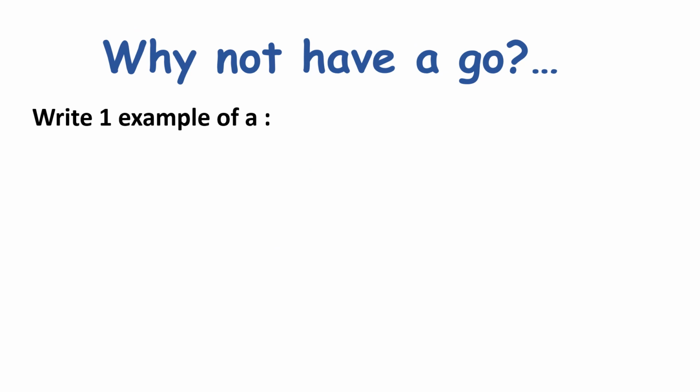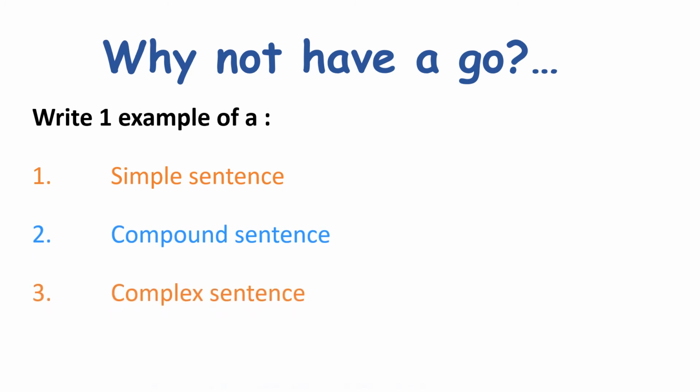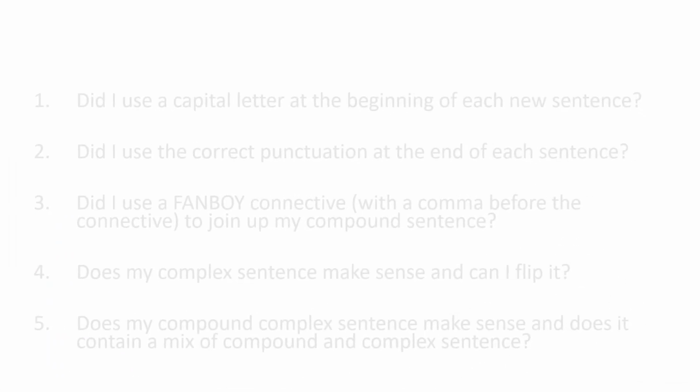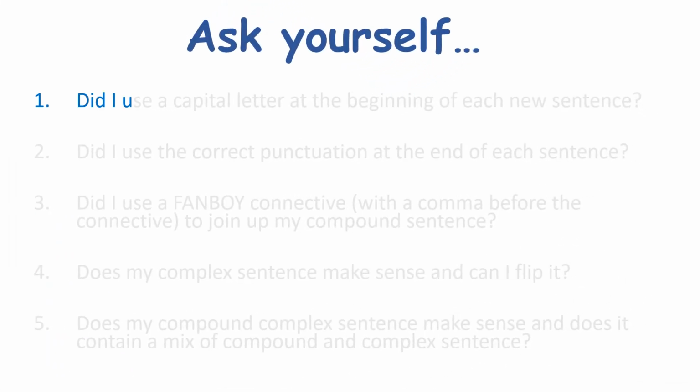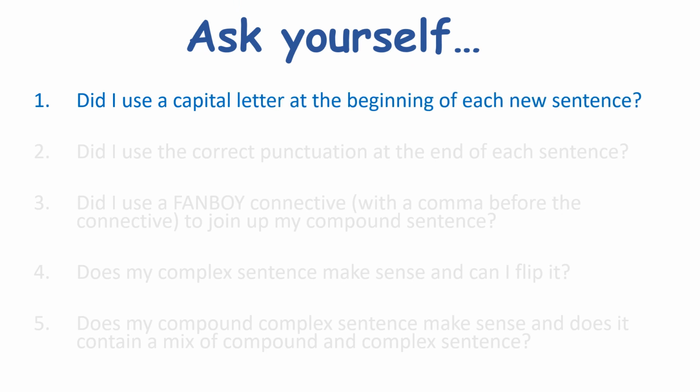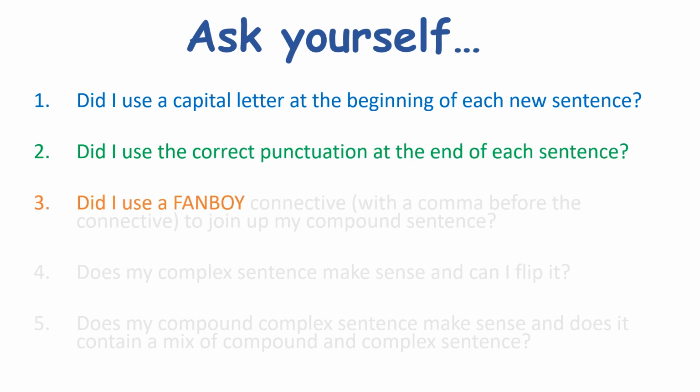So now it is your turn. Why not have a go at writing your own example of a simple, compound, complex and compound complex sentence? Always self-assess by asking yourself, did I use a capital letter at the beginning of each new sentence? Did I use the correct punctuation at the end of each sentence?